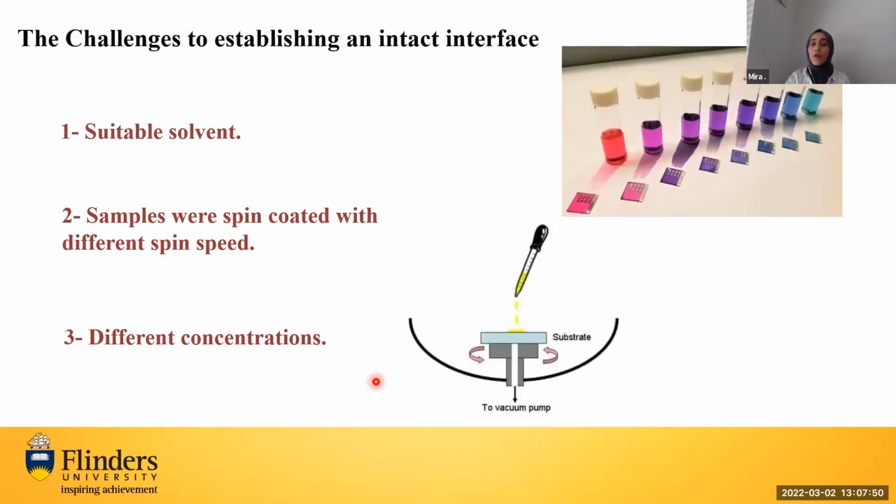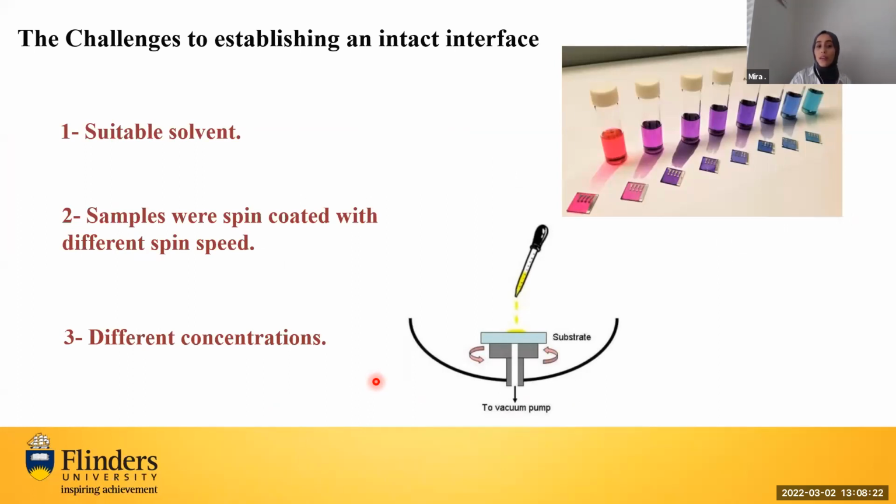Because we are working with two polymers and putting them on each other, it is challenging to establish an intact and good interface, so many factors should be taken into account. The first is the solvent: we should select a suitable solvent that can dissolve the polymer properly and cannot wash off the other polymer.